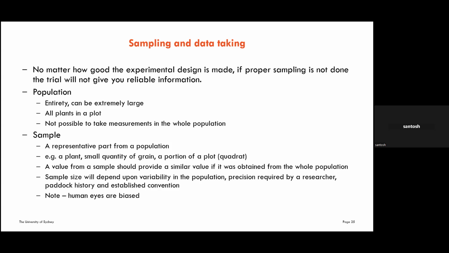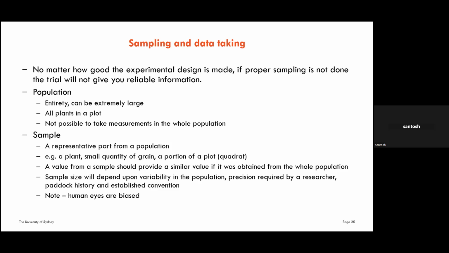Sample size will depend upon the variability in the population, and the main thing about taking a sample is it should be representative of the population. For example, if you are taking the weight of 100 seeds, you took yield from several hundred lines, and you want to know the 100 seed weight of different lines.